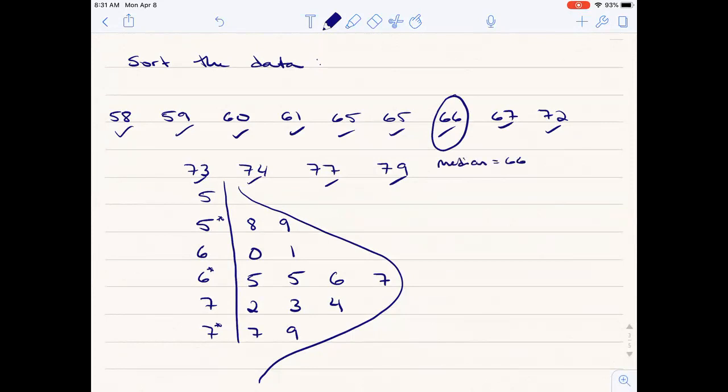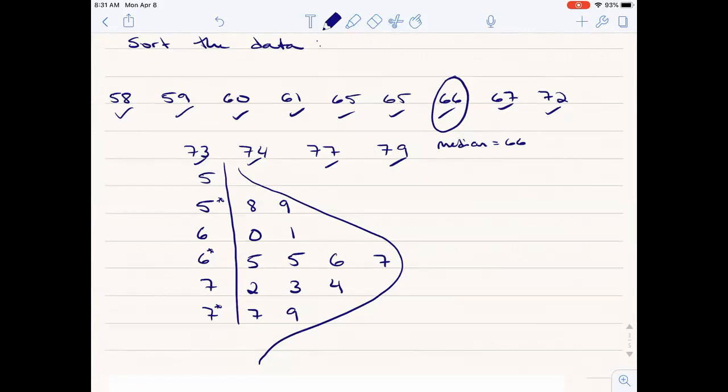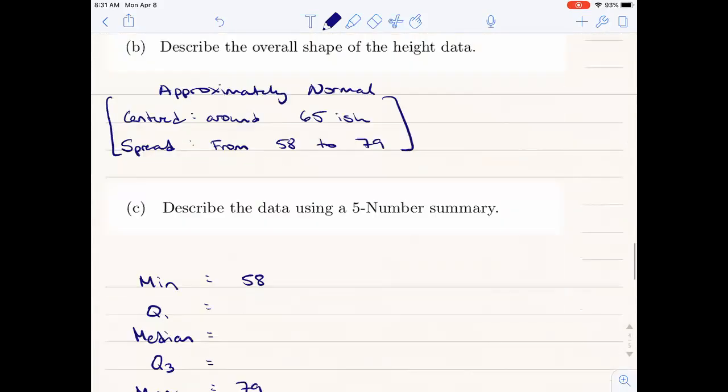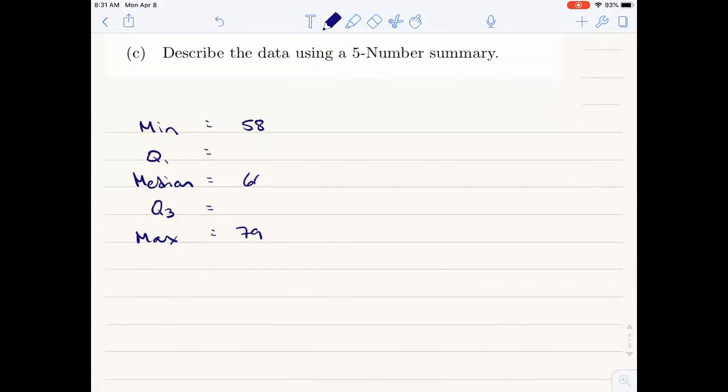If you'd landed on two numbers, you'd have to take the average of those two, and the median would be in the middle of those two. Where the median is tells you how to find your quartiles. Because we've used 66 as the median, we can't use it to find our quartiles, so we'll jot down 66 here.